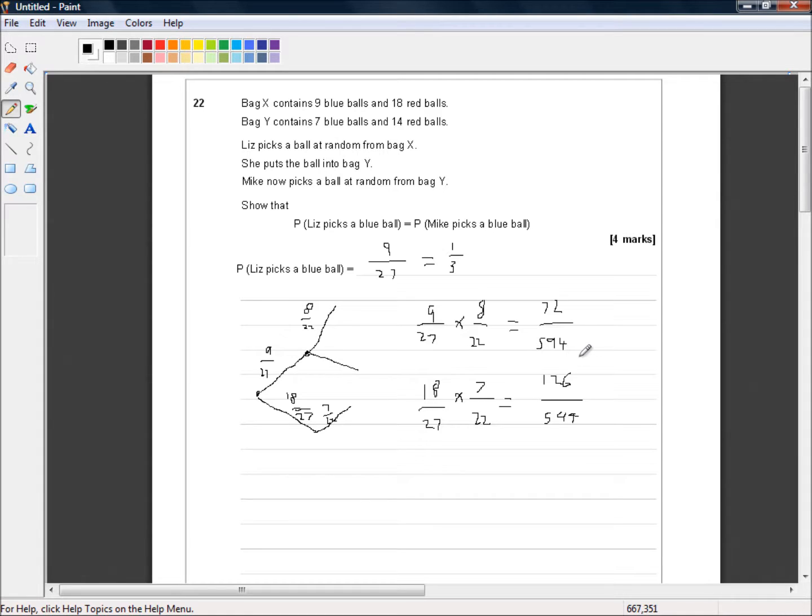So the probability of him picking a blue ball is either that or that.